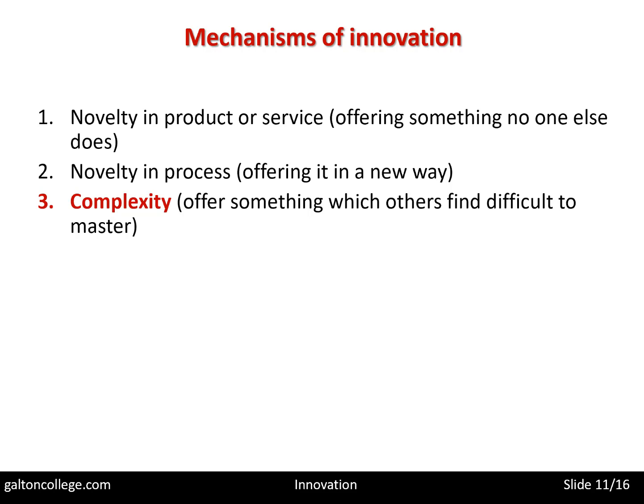Probably it will be. But at least for some period of time, whilst the competitors figure out how to copy it, the complexity of a product will offer its owner some sort of security and some sort of premium market share as a consequence. So complexity is something we think of also in the context of innovation.